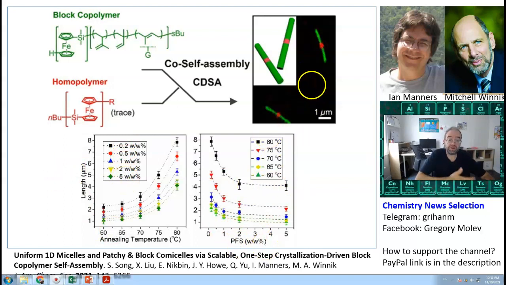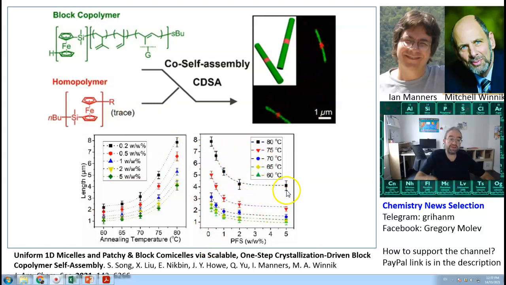It was also very nicely visualized by, again, this confocal microscopy. They just added the red dye to the homopolymer and the green dye to this block-copolymer, so you can see the red core, which is the crystal of the pure PFS, and the green tails on both sides. Very uniform micelles. Just an incredible thing.